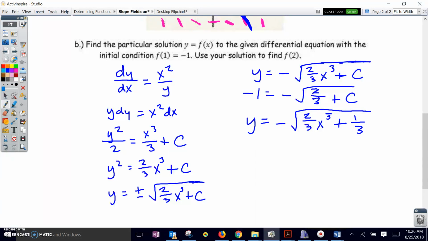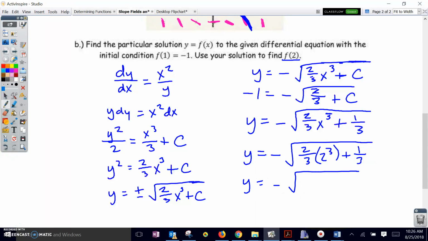And then we're asked to use that to find f of 2. So we're going to put 2 in here for x. We've got y equals the opposite of the square root of 2/3 times 2 cubed plus 1/3. And this ends up being negative square root of 16/3 plus 1/3, which is 17/3. That's what we get for our value of f of 2.